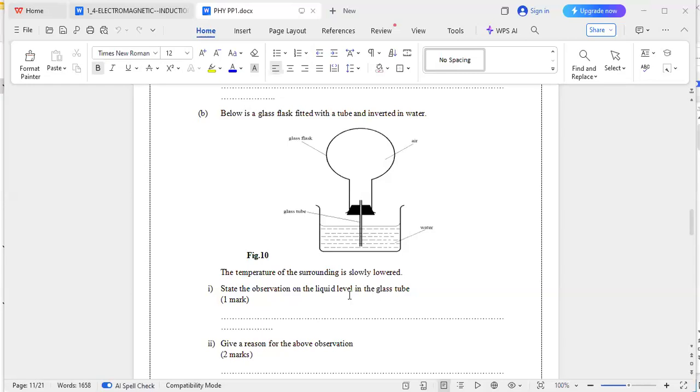Explanation: air inside the glass flask loses heat, hence contracting faster than the rate at which glass contracts.